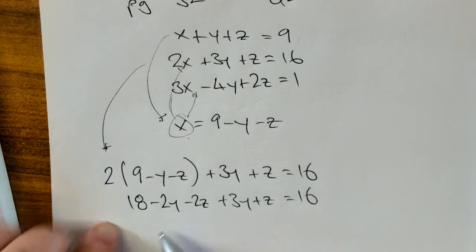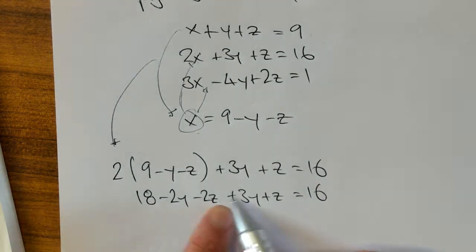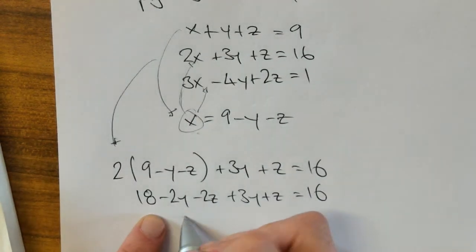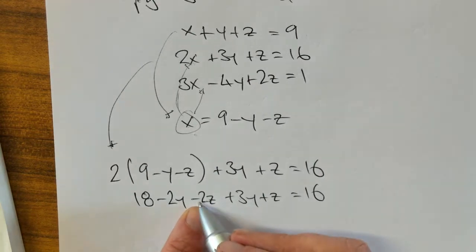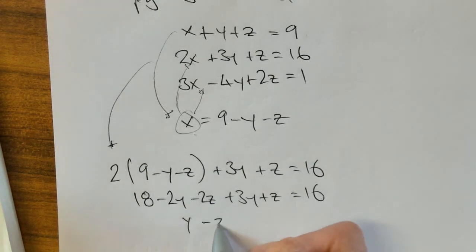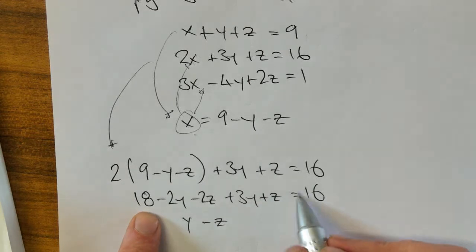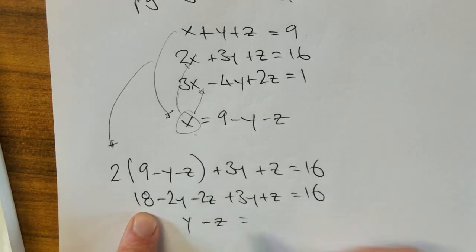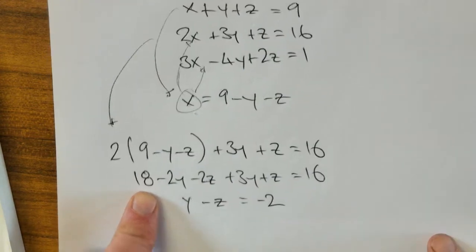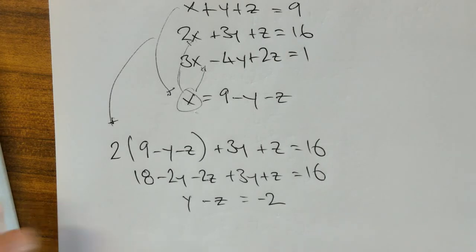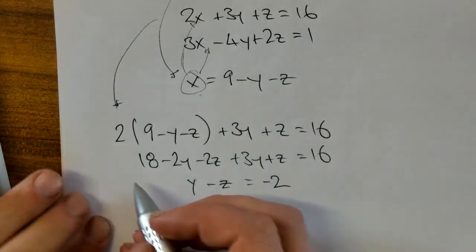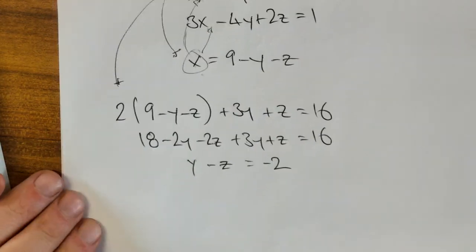So 3y minus 2y leaves y, z minus 2z leaves minus z, and then I'm going to move this over the other side, so 16 minus 18 is minus 2. Okay, so there's one equation now in two variables, and that's exactly what we want.